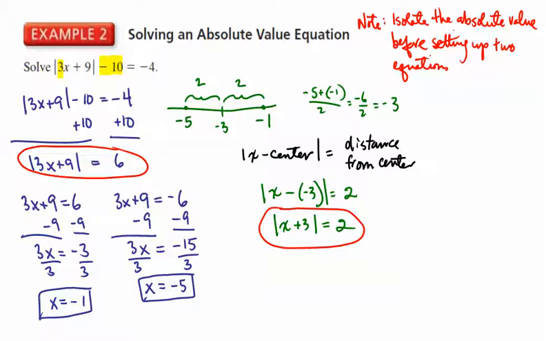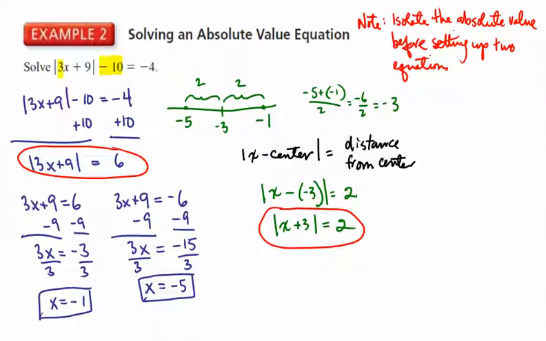So this is an example of solving a multi-step absolute value equation, because solving any absolute value equation involves multiple steps.